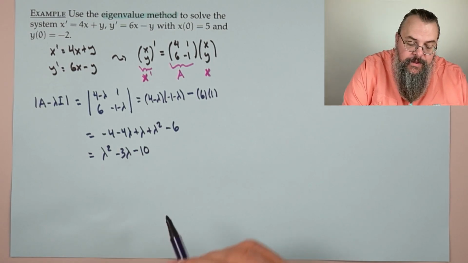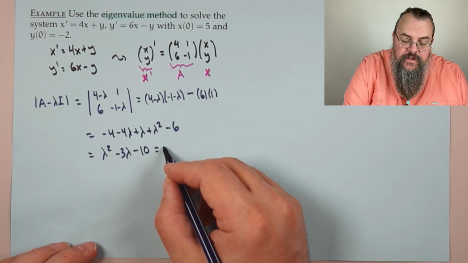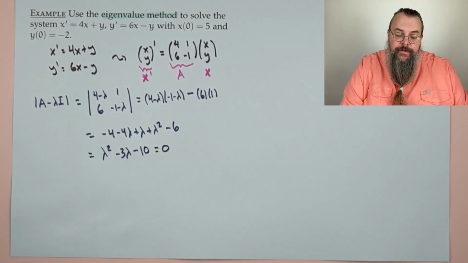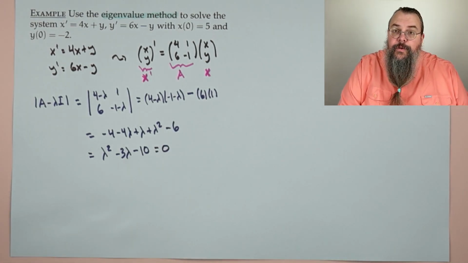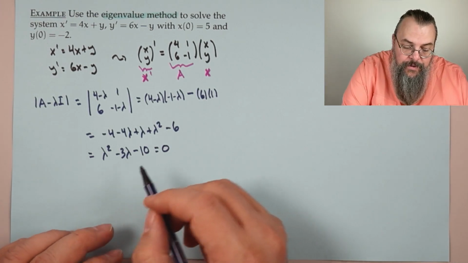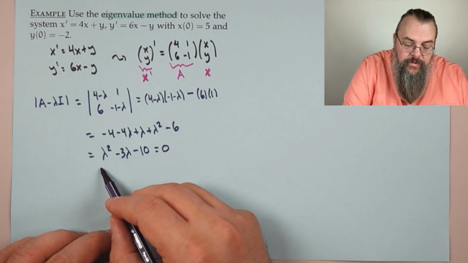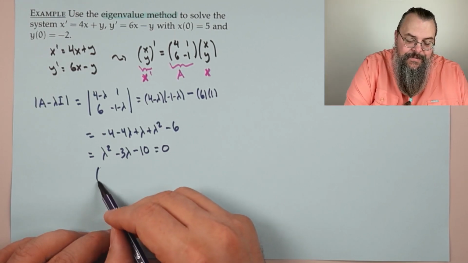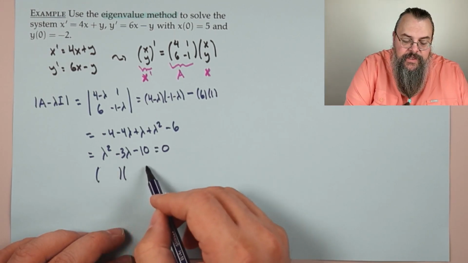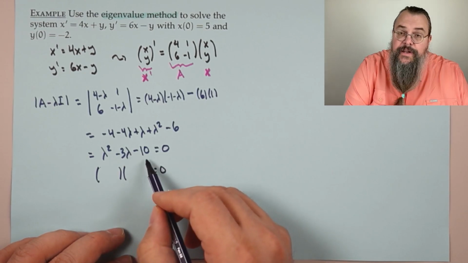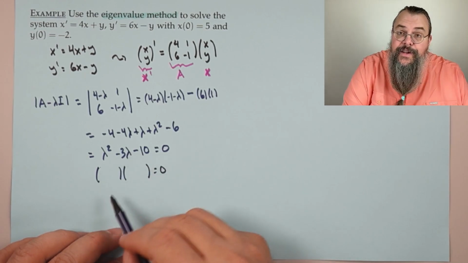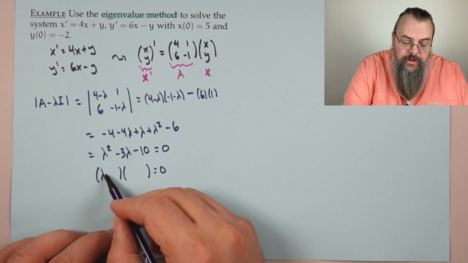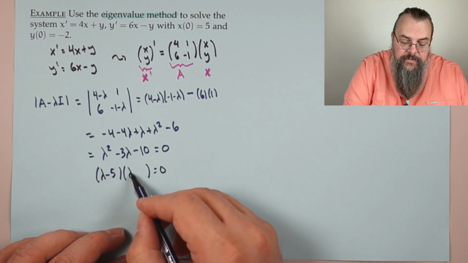Now remember, what are we doing? We're setting this to 0. Well, we multiply. Okay, so, sorry, I said multiply, but we factor. So this becomes what? Well, we want two things that multiply to negative 10 and add to negative 3. So we could do lambda minus 5, lambda plus 2.